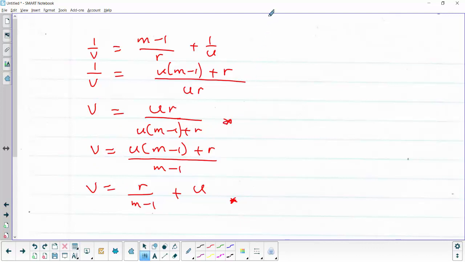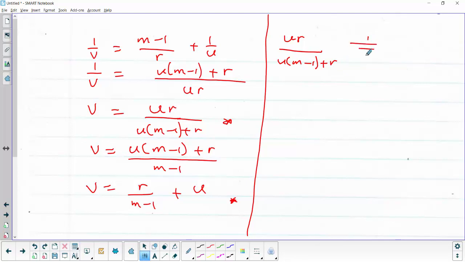Therefore we can conclude that ur over u into m minus 1 plus r is not equal to what we have here, which is r over m minus 1 plus u.